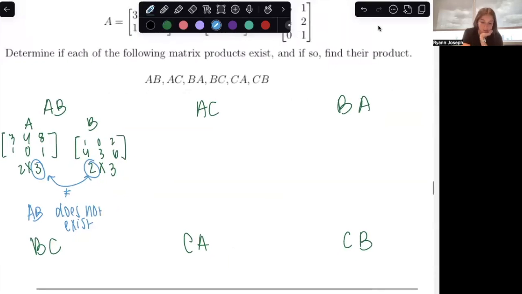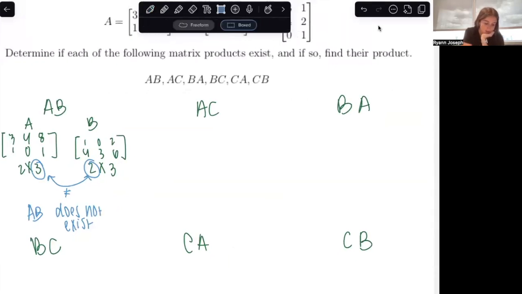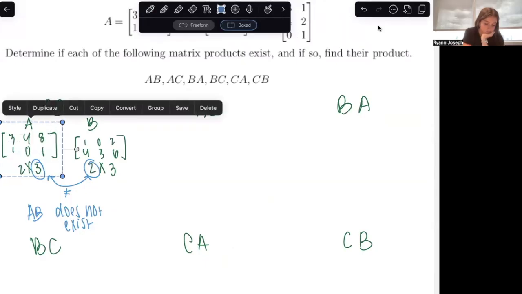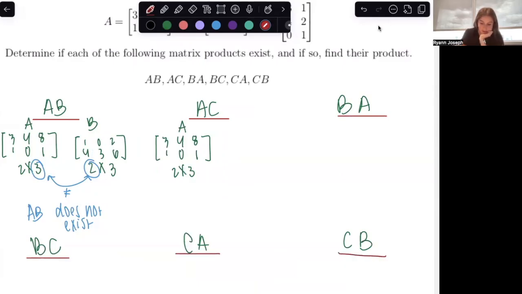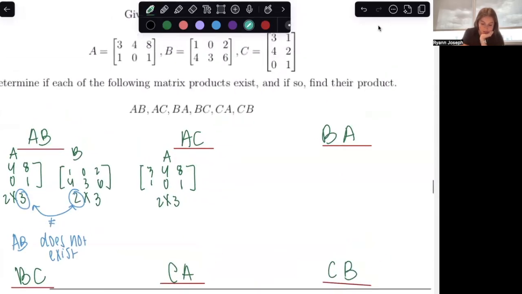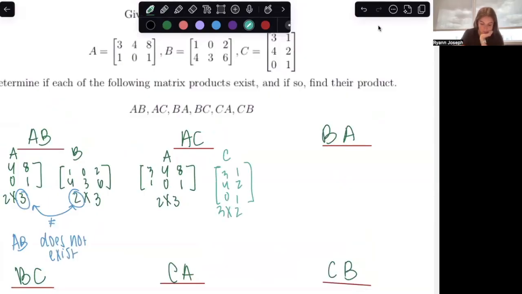Okay, now let's think about AC. Again, we have A. So AC is, I'm going to try to use this 2x3 matrix, and then I have C, which is 3, 1, 4, 2, 0, 1, which is a 3x2 matrix.